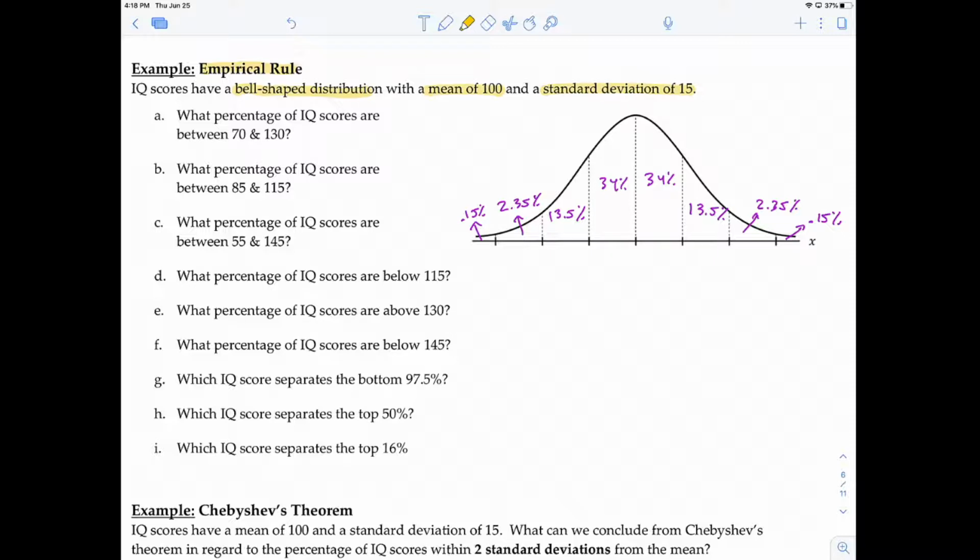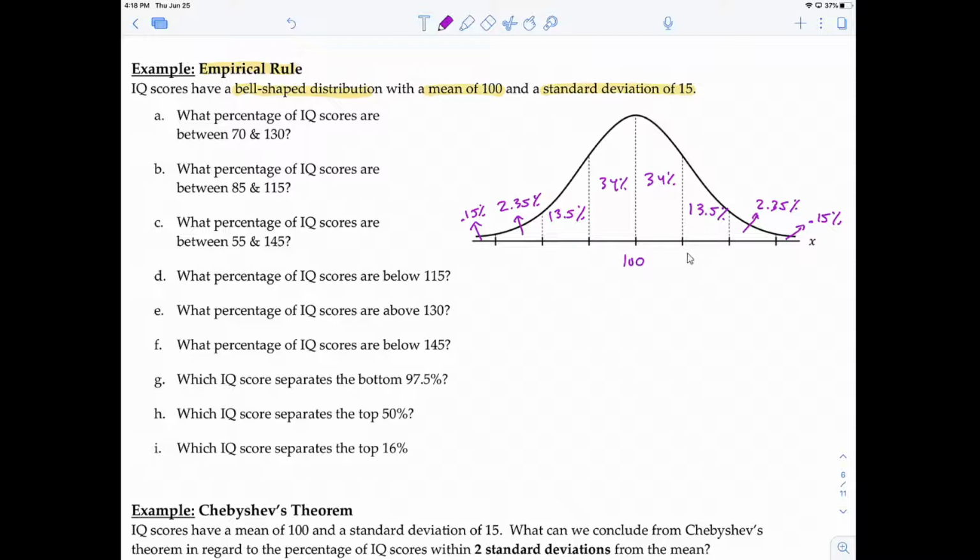So here's what I would do. I know that the partition of this bell-shaped distribution has those percentages according to the empirical rule. And again, the empirical rule gives approximations, so these are approximate percentages. The mean is the middle value in a bell-shaped distribution.